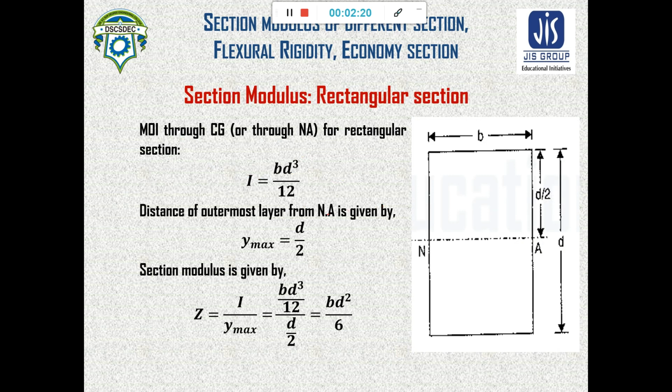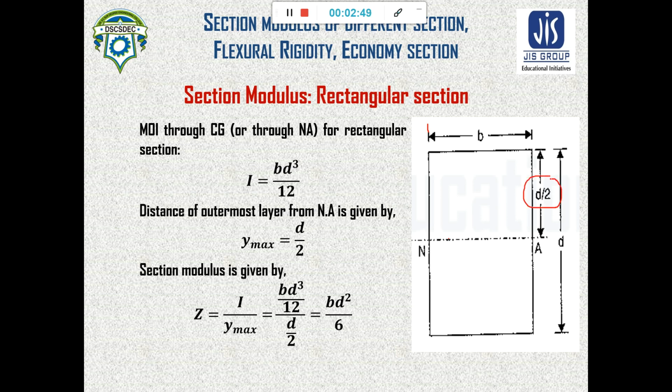Now consider a rectangular section, similar to this figure, which has breadth b and depth d, and the distance from the neutral axis to the topmost, or outermost, fiber or layer is d by 2.